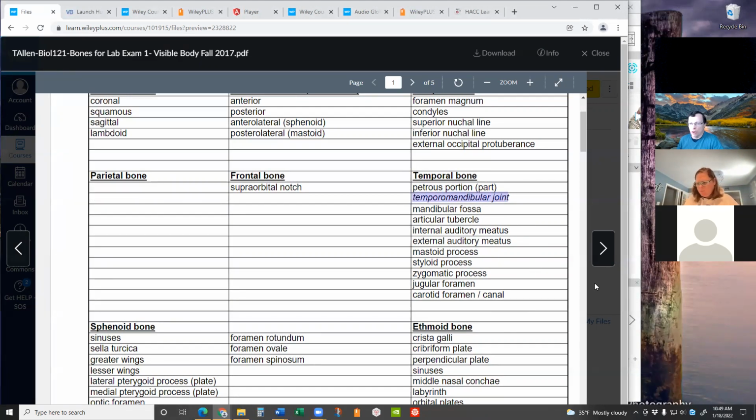But as a starting point, a joint is anywhere bones come together. So let me ask this in the chat window. What two bones do you expect to be part of the temporomandibular joint?